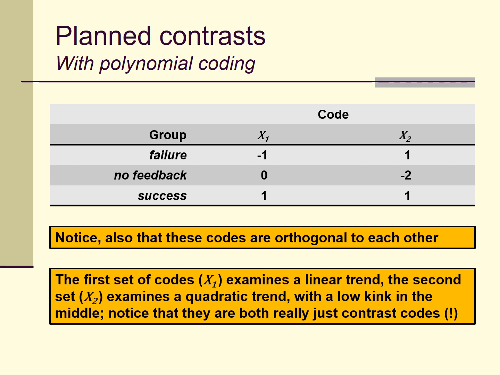For instance, if you multiplied across the columns, -1 times 1 is -1, 0 times -2 is 0, 1 times 1 is 1, then you add up -1, 0, and 1, you get a total of 0. That's your quick way of checking the orthogonality of these codes. These are orthogonal polynomial codes.